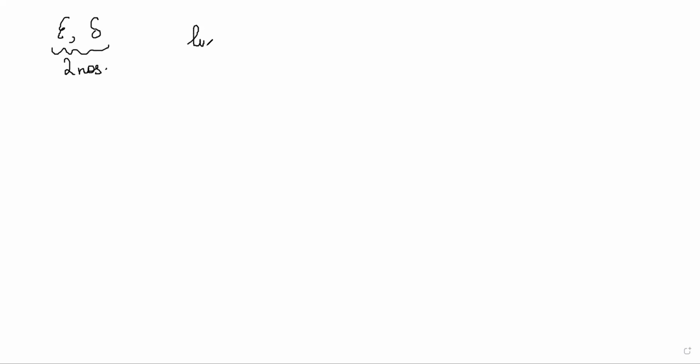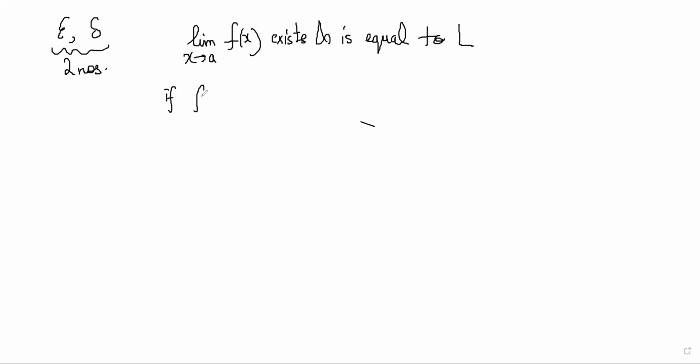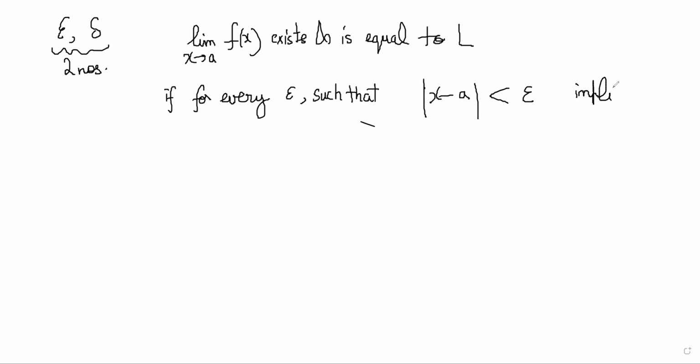So we say that limit x tends to a, f(x) exists and is equal to capital L if for every epsilon there is a delta such that mod of (x minus a) is less than delta implies that mod of (f(x) minus L) is less than epsilon.